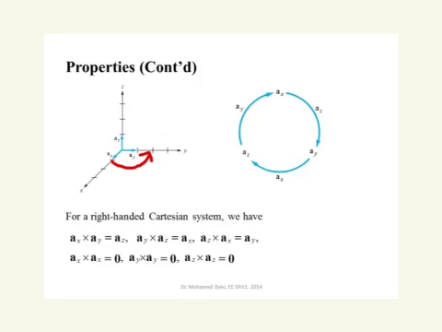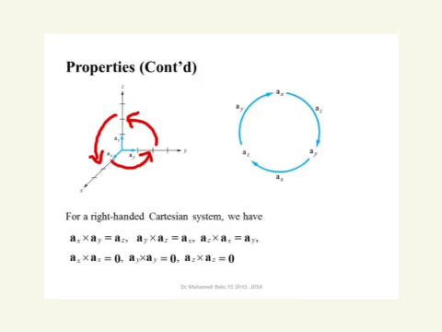It must be pointing in the direction of z. And when you take the cross product between ay and az, the right hand screw will progress in the direction of x. And when you take the cross product between az and ax, the right hand screw will progress in the direction of y. So this is called a right-handed coordinate system.